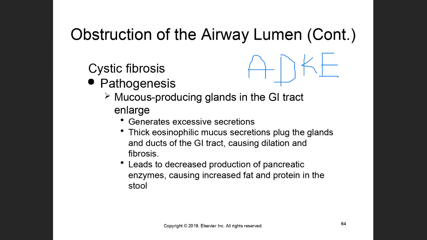So vitamin A deficiency causes a problem in vision, D deficiency a problem in the bone, K a problem in the blood, and E a problem with oxidation.